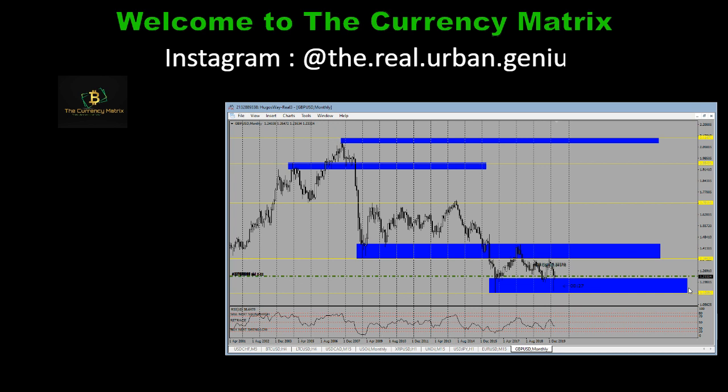All right, good deal. So if you see here on the monthly, which is of course a longer term perspective, you can see how price is itching to get back down there and terrorize these lows. Now, this is technically what would be considered uncharted territory that we're entering, because there's not a lot of data down there.